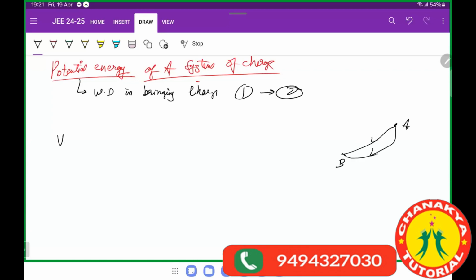So the potential difference between them equals the work done externally by Q, which is the integration with limits from A to B of minus E dr. These are the positional vectors.